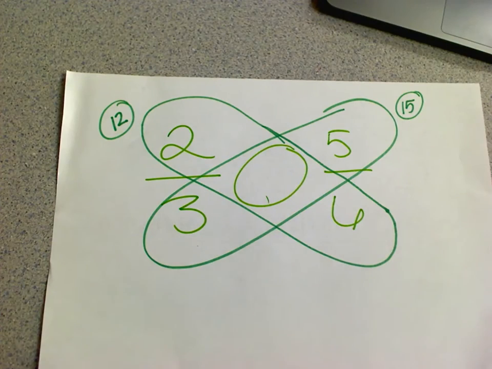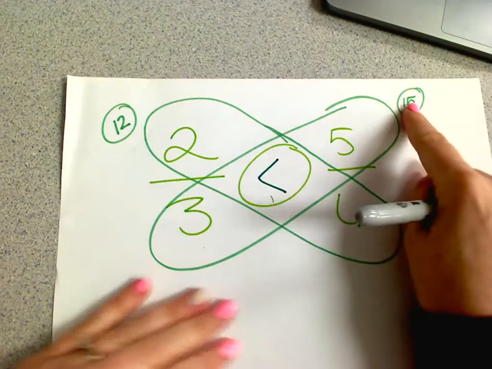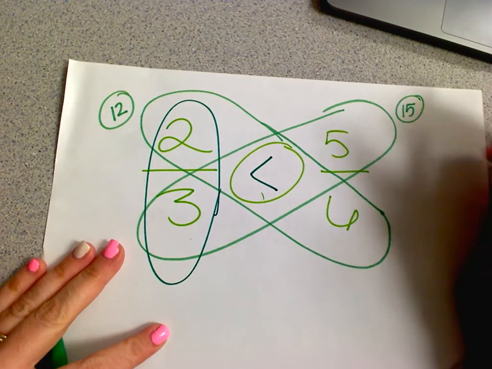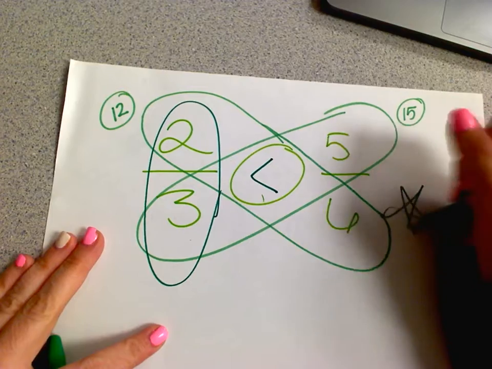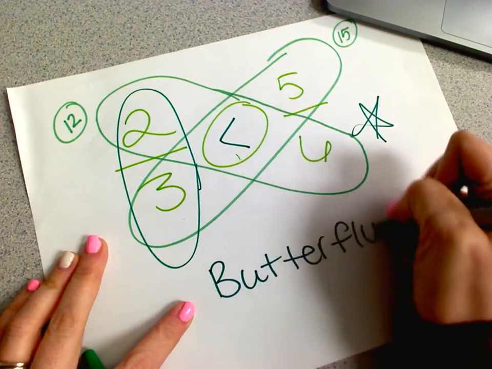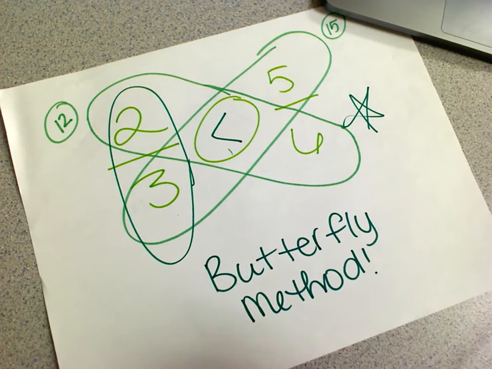Which is less? 12. 12 is less than 15, or 2/3 is less than 5/6. Pretty cool, right? That's called the butterfly method for comparing fractions, and it makes everything a lot easier.